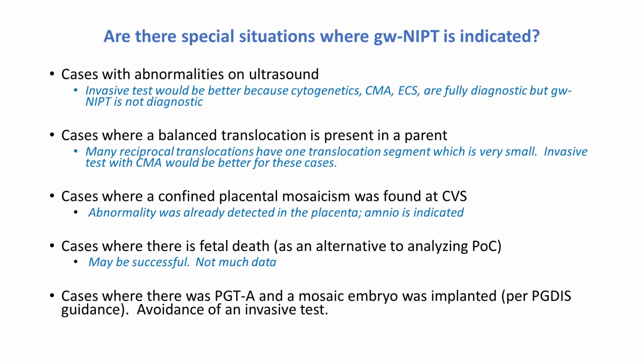And the question is, would it be worthwhile doing a genome-wide NIPT to detect the abnormality or rule it out later on? So the answer here is that, well, maybe the genome-wide will confirm that you've still got mosaicism in the placenta, but that doesn't mean much. You already knew that you had it. You already have a situation where the pregnancy needs closer monitoring. So really, either a positive or a negative result is not going to make much difference or alter the risk.